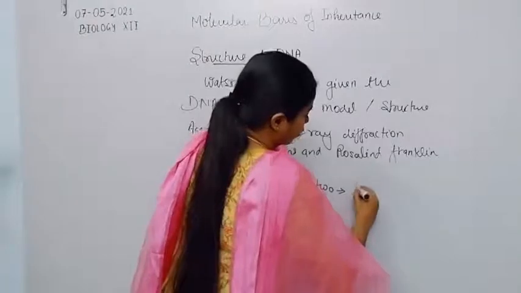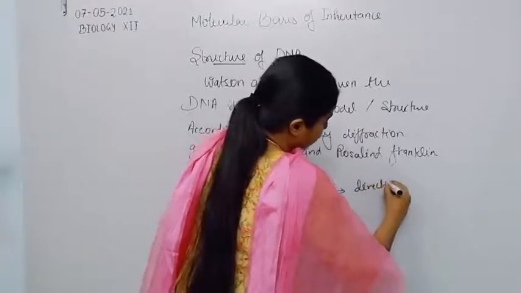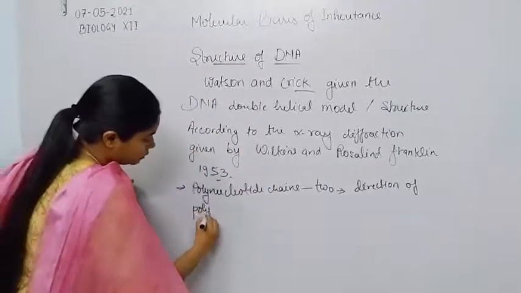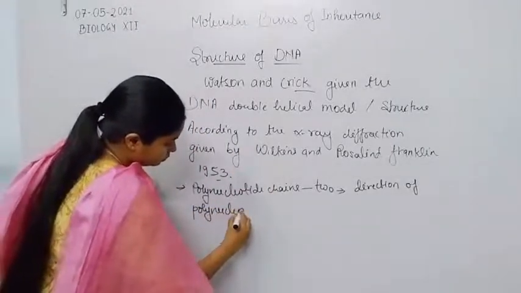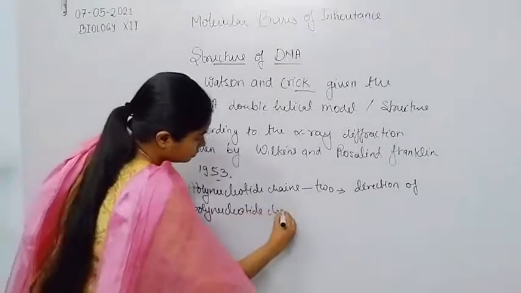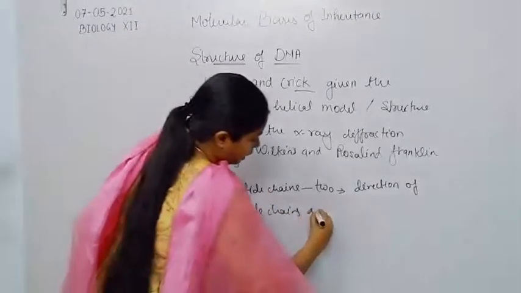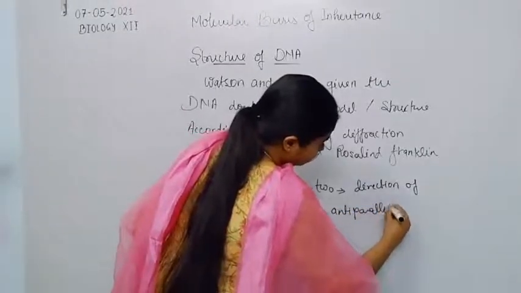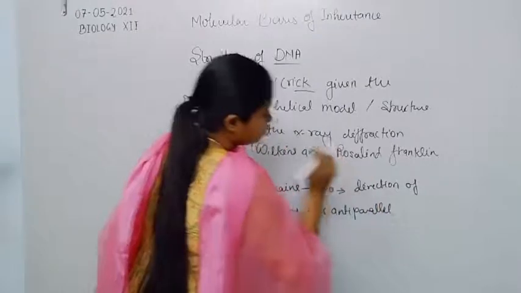The directions of the polynucleotide chains are anti-parallel to each other.